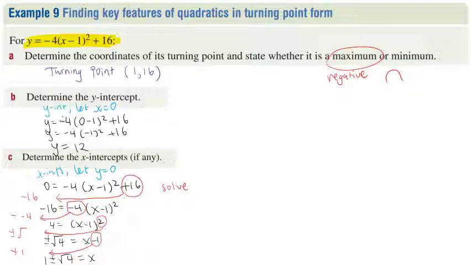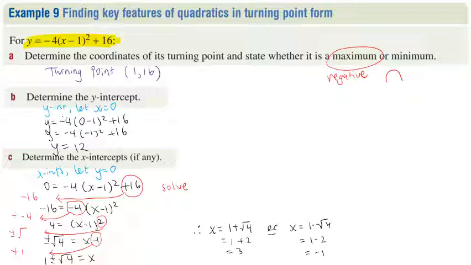So therefore, x equals 1 plus the square root of 4, or x equals 1 minus the square root of 4. So the square root of 4 is 2. So one x-intercept is at 3, and one is at -1.